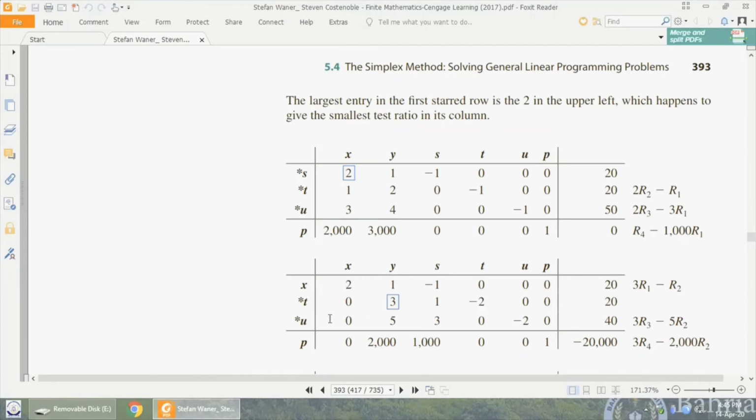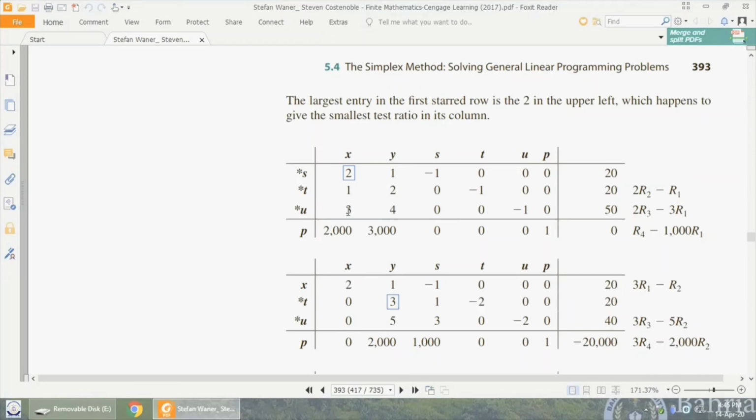Coming to the next, as you can see, this is row 3. We already have this value as 3, which is not having anything common with the first row. We multiply this with 2, and we multiply this with 3, so that 6 can be subtracted with 6.